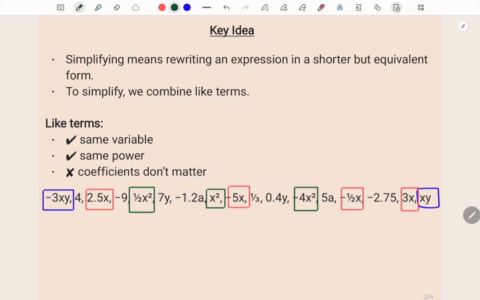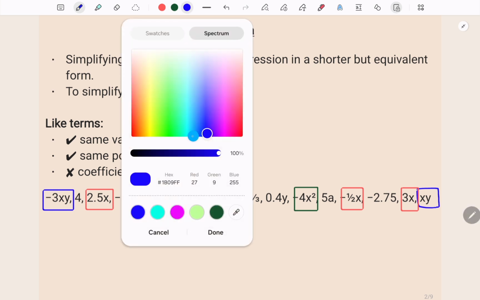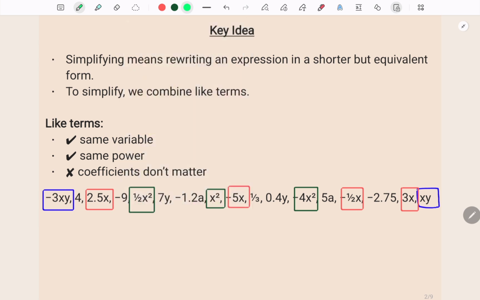Again, we have 7y. Let me change the color. Okay, so we have 7y here, 0.4y. These two terms are also like terms. Here we have minus 1.2a, and this is 5a.